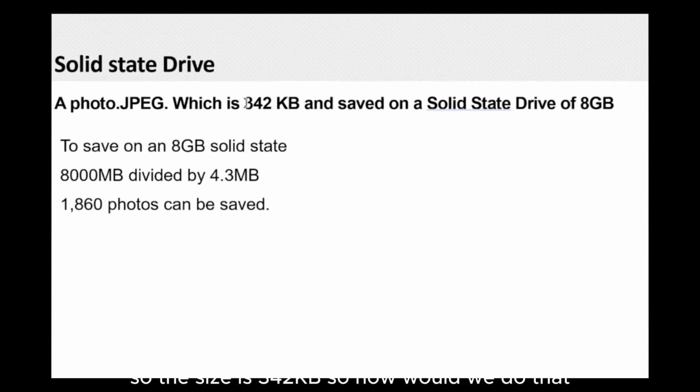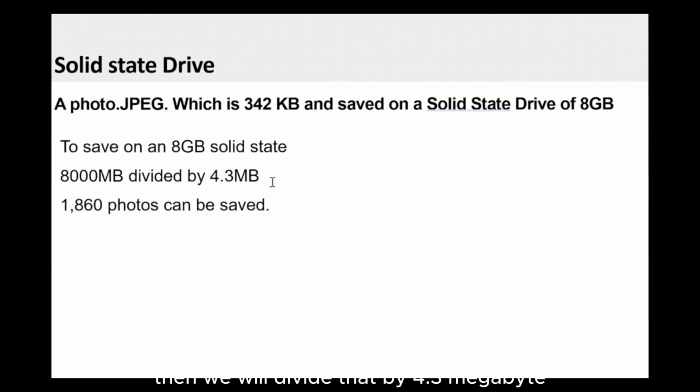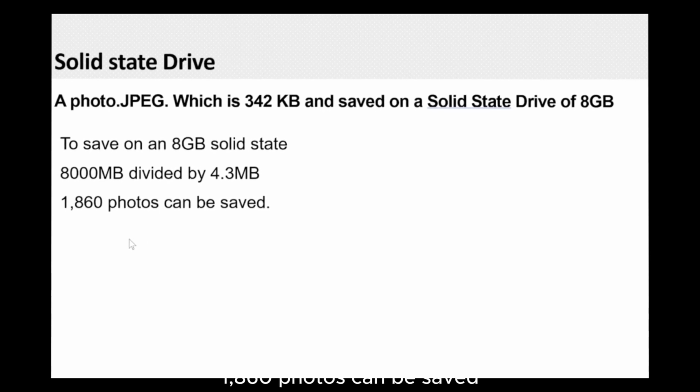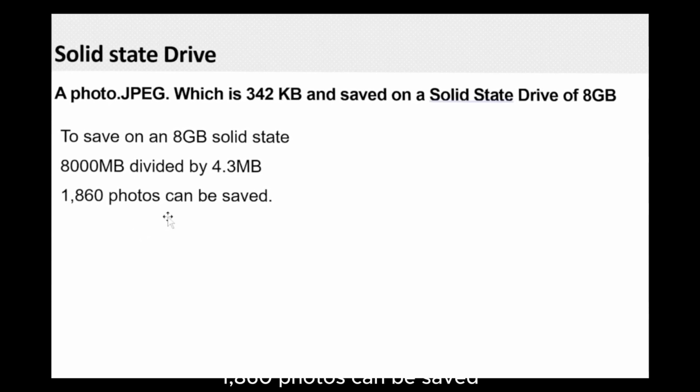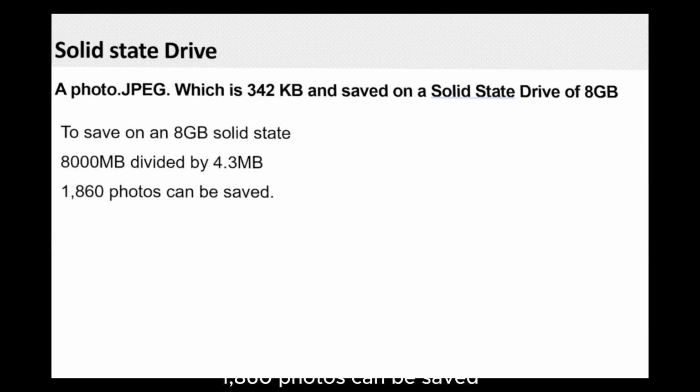The size is 342 kilobytes. How would we do that? We will first of all convert that into megabytes. Then we will divide that by 4.3 megabyte. So how many photographs could be saved? 1,860 photos can be saved.